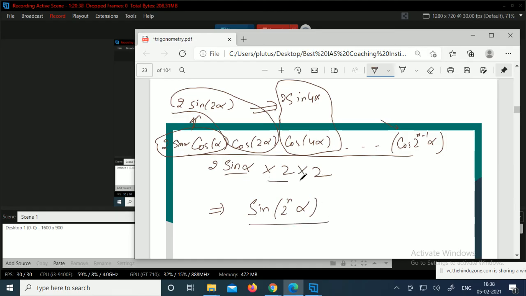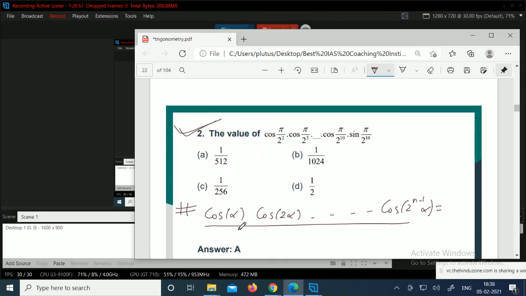Here, how many times 2? N times. Okay, so 2 to the power n sine alpha, isn't it? So can we use this formula to solve this question?